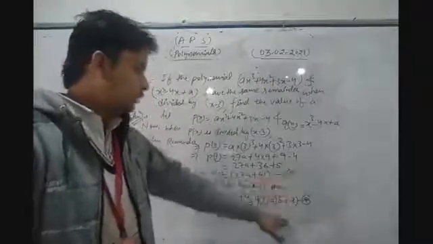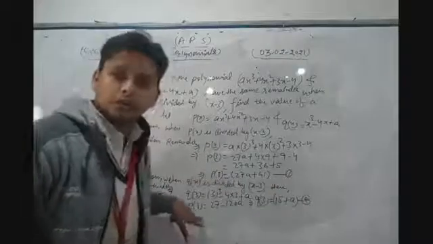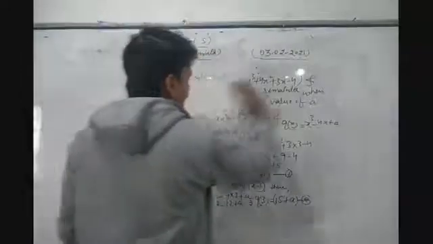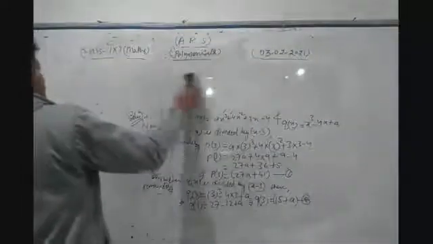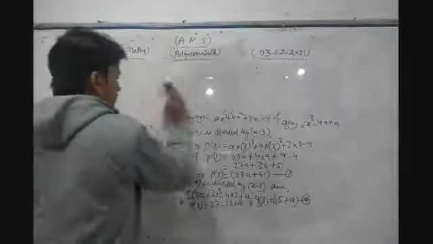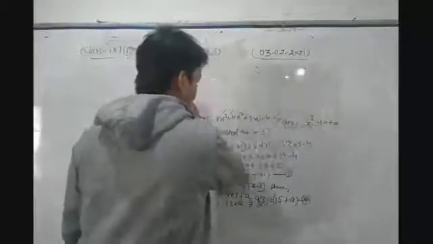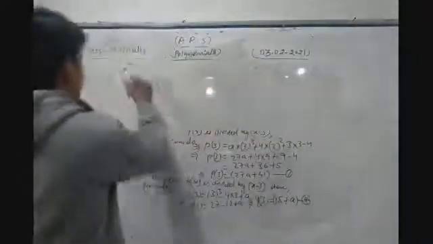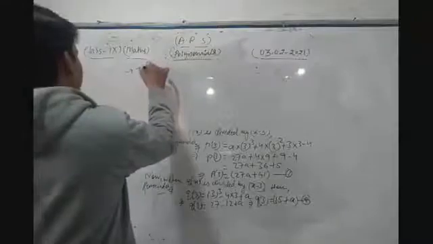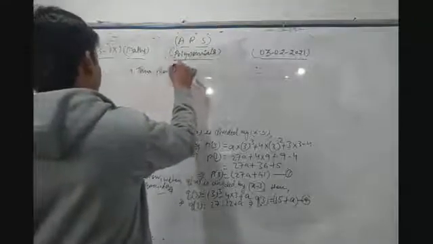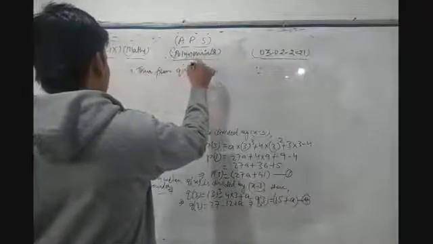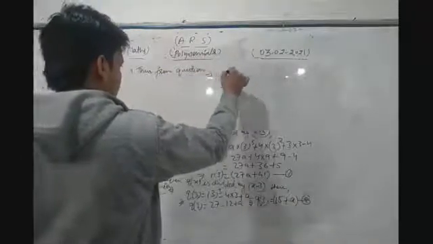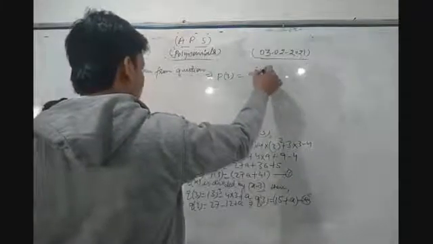Now using 1 and 2, p of 3 must be equal to q of 3 according to our given question. Thus, from the question, p of 3 must be equal to q of 3.